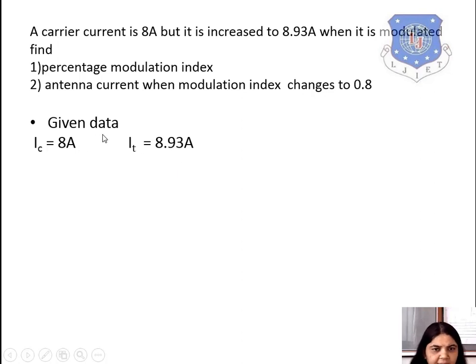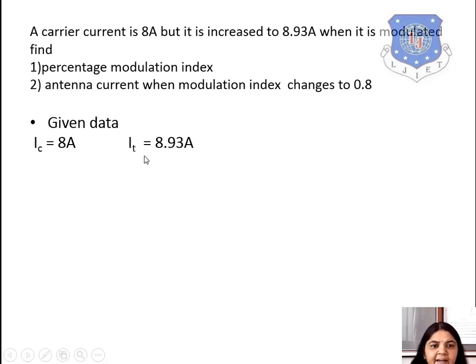What is our given data? The carrier current IC is equal to 8 ampere. It increased to 8.93 ampere when it is modulated. So you have to keep in mind that when the word modulated is written in the example, it means the modulation has occurred, and after the modulation the signal is known as the modulated signal.